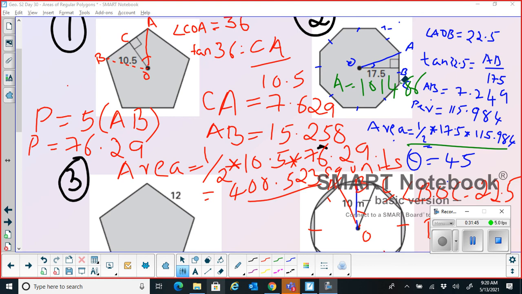AB is half of one side, so double this. 7.249 times 2 gives one side, and that multiplied by 8, so 8 times 2 times 7.249 gives the perimeter, which is 115.984. We use the formula half of apothem times perimeter. Apothem was 17.5 and perimeter was 115.984. Simplifying that, I get 1014.86 as the final answer.